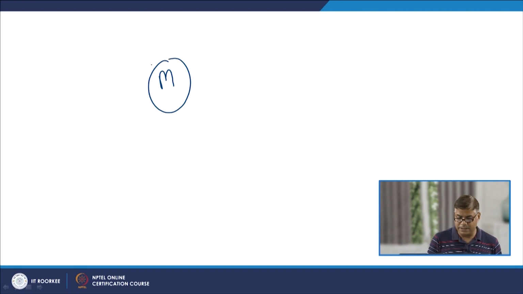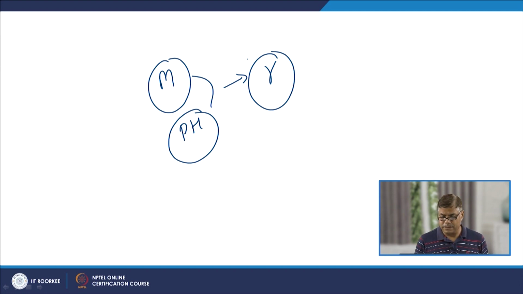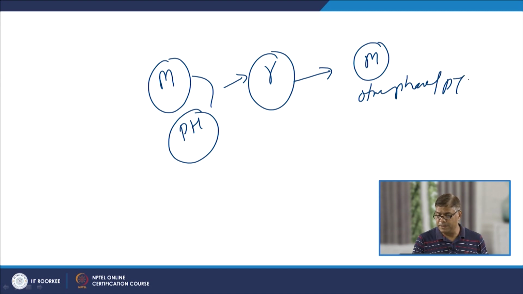Hardening can be realized primarily in the case of martensitic stainless steels and precipitation hardenable steels, where the alloying concentration is such that for a certain range of temperature we may get austenite, and this austenite can transform into either martensite or other phases or precipitates which help to enhance the strength.